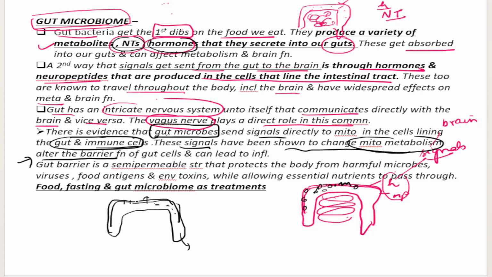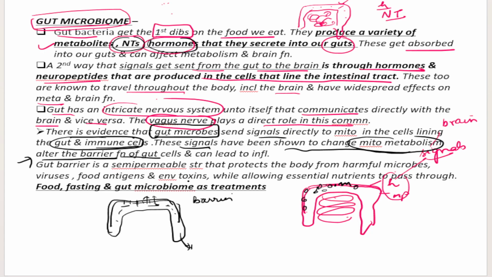Now when the gut becomes leaky, the non-essential molecules also seep in, and this can cause metabolic abnormalities. So the barrier function is that they act as a barrier to the non-essential molecules. They stop the toxic molecules from entering the gut cells, and they ensure that toxic molecules are thrown out. This is the barrier function of gut cells.